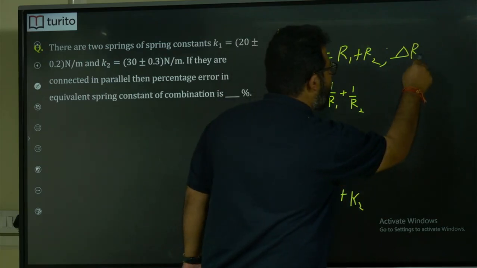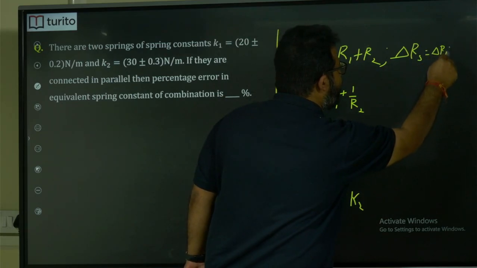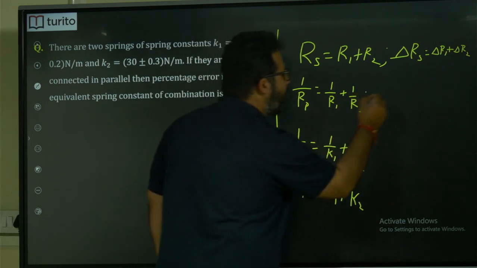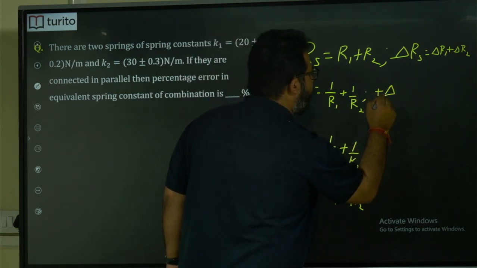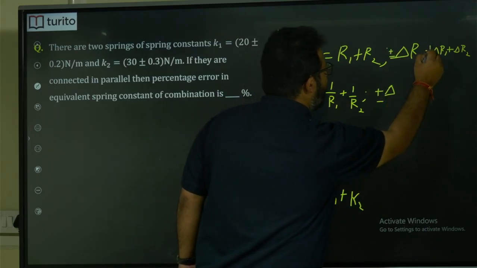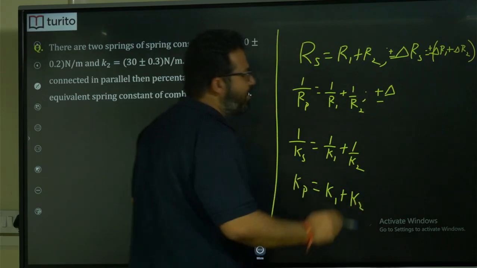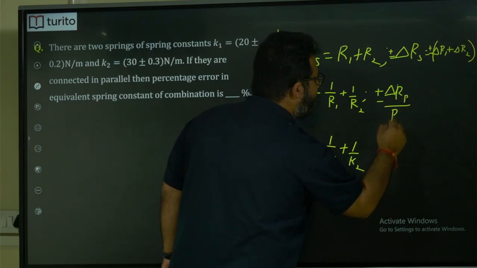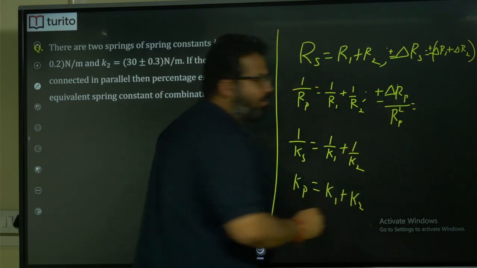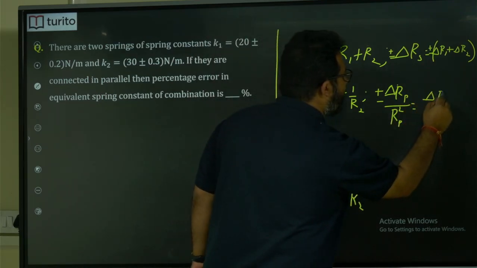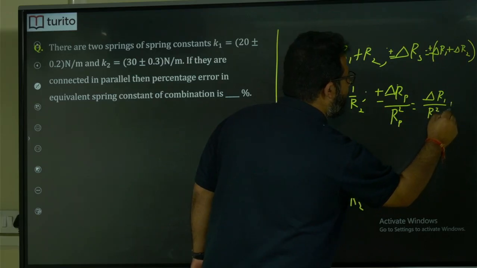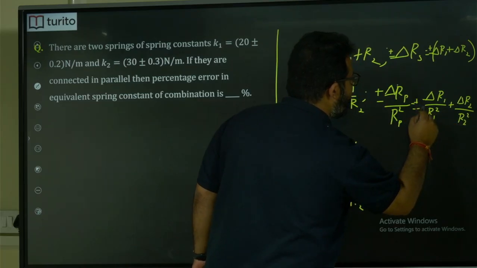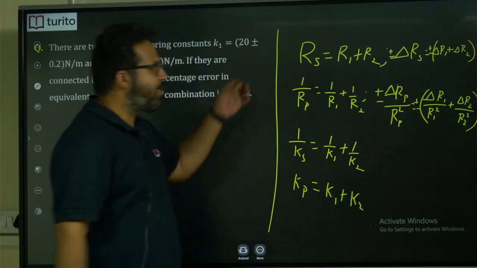Error in series will be delta R1 plus delta R2, and in parallel the error is calculated as plus minus delta Rp by Rp square equal to delta R1 by R1 square plus delta R2 by R2 square. This is already in NCERT. So this way you can calculate for the series and the parallel.